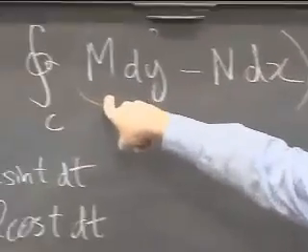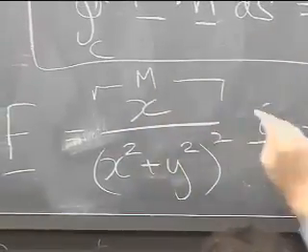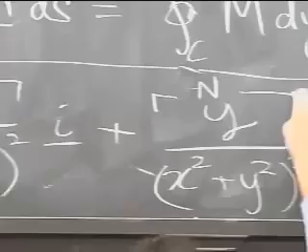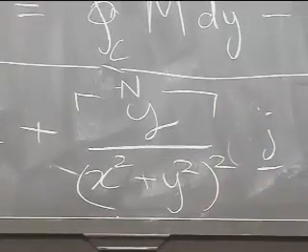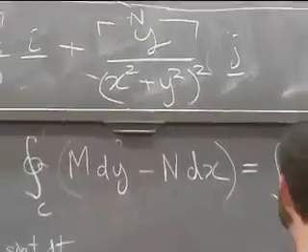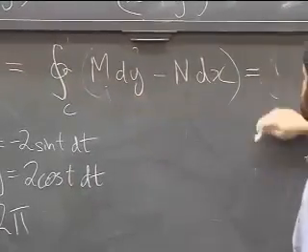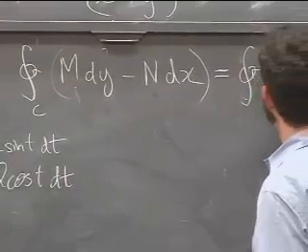Well, this is M, and this is N. I hereby dub these coefficients of i and j, M and N, respectively. So maybe I should write this out. Give me one more step before I switch to parameters.